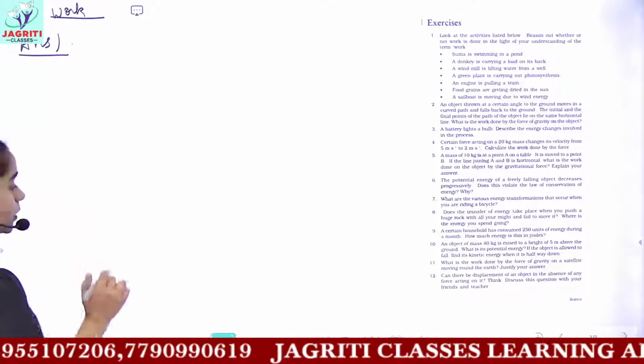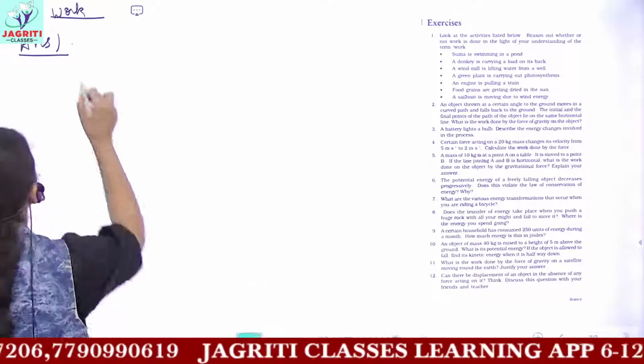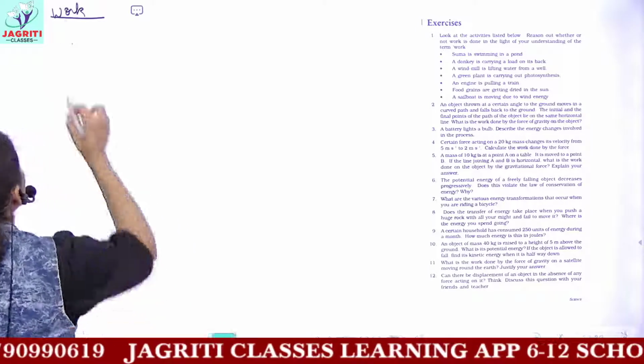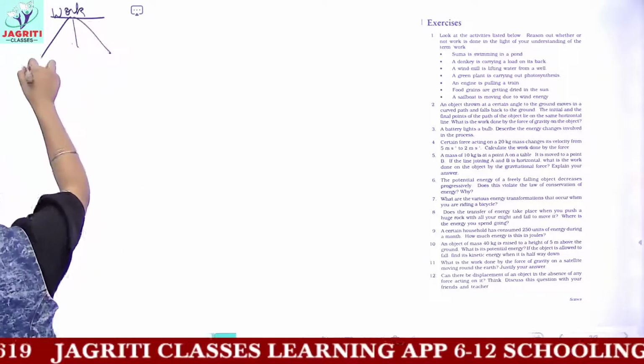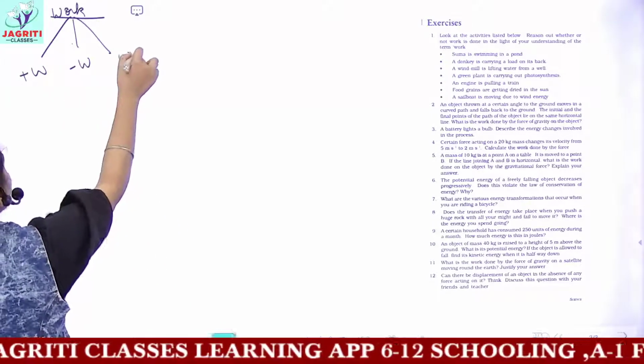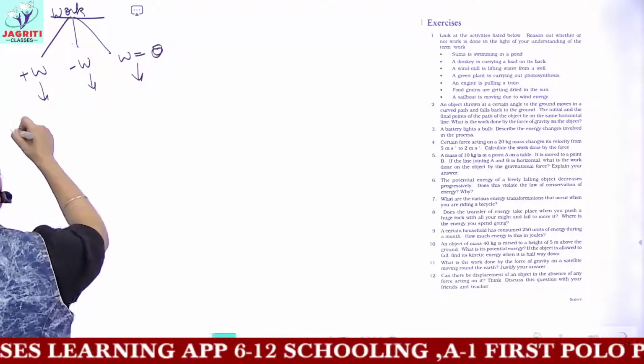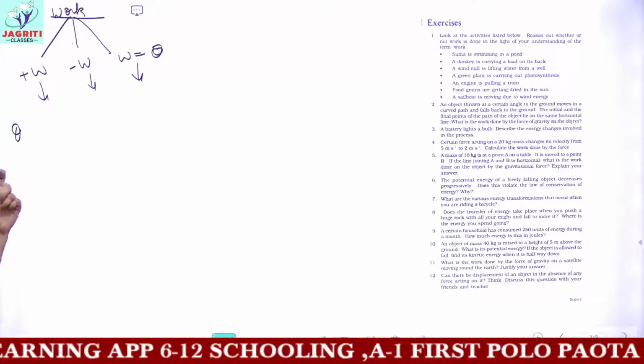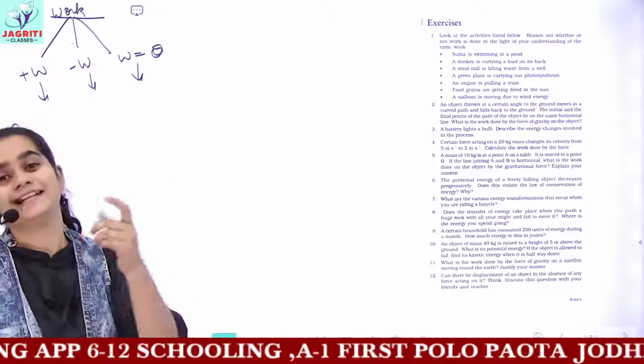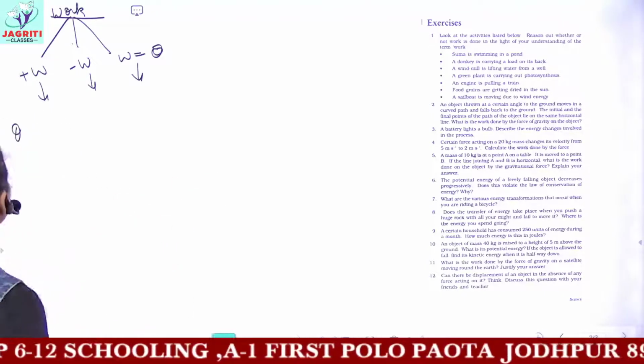I told you work is of three kinds: positive work, negative work and zero work. We have discussed many conditions, but the important condition is the value of theta. Theta here is the angle between force and displacement, which we discussed in the previous video.